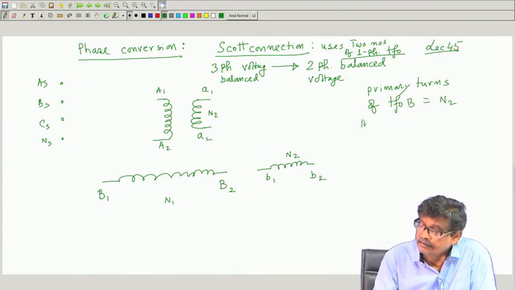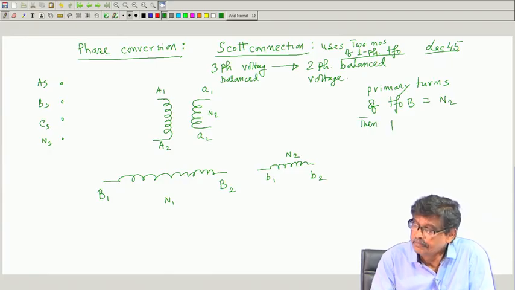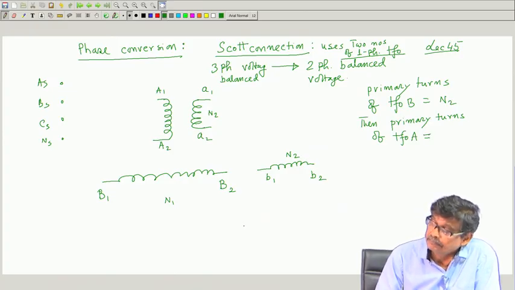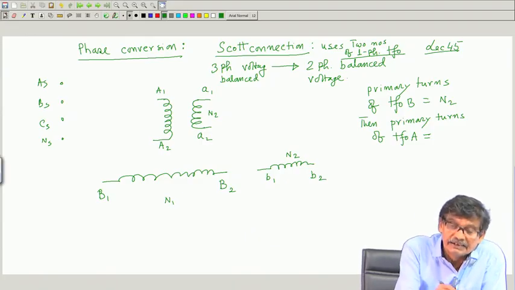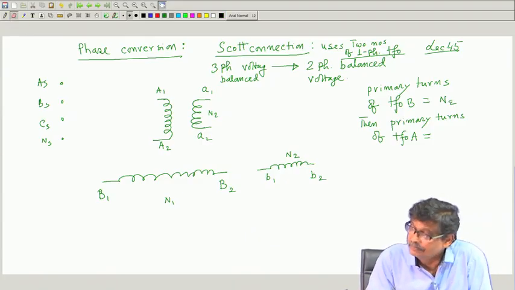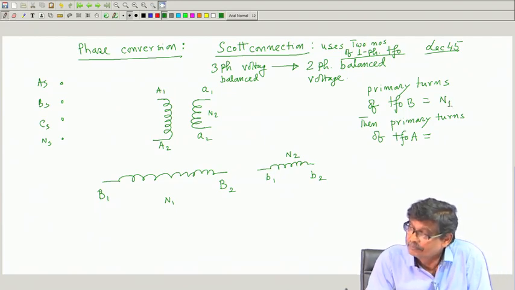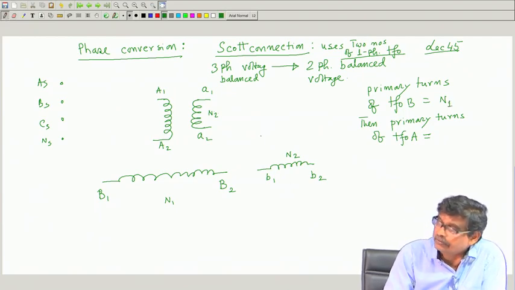Then primary turns of transformer A should be, let me write why I have written N2, N1: primary turns N1, these 2 are N2 N2 secondary.